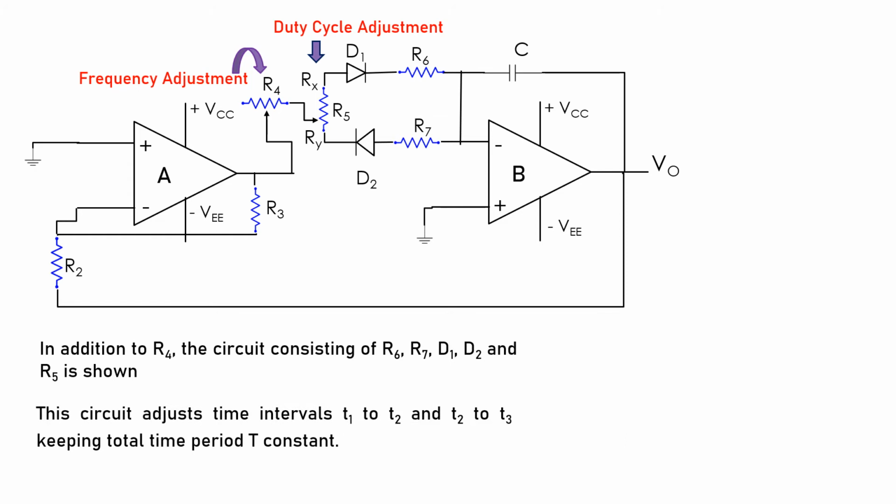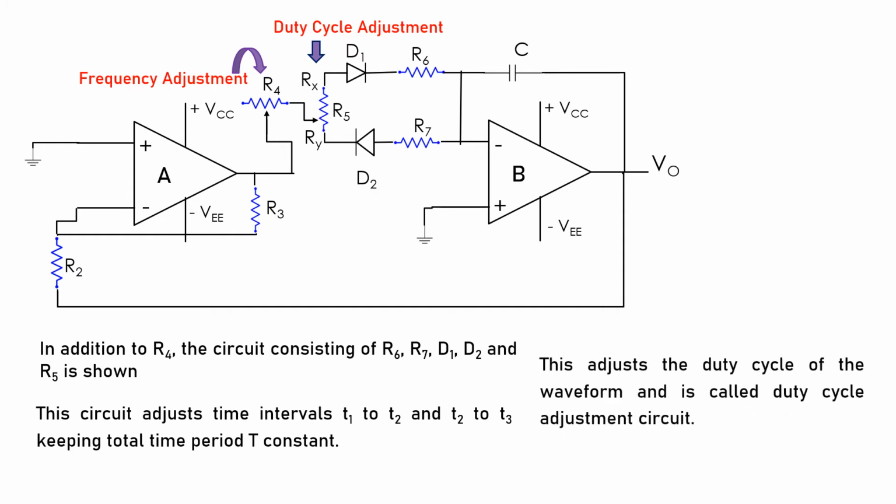The circuit adjusts the time intervals T1 to T2 and T2 to T3, keeping the total time T constant. This adjusts the duty cycle of the waveform and is called duty cycle adjustment. We will see how this happens.